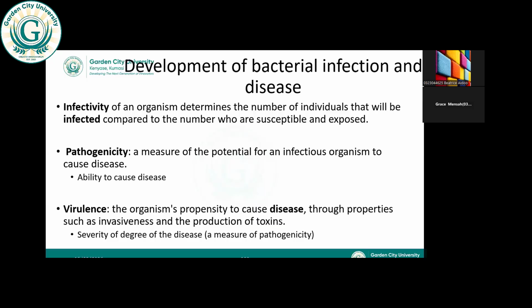Hello. Please, does it mean that if the body isn't able to fight against the infection, that is where pathogenicity is established? So, sometimes, let me start from this. The body may try to fight the infection. The organism may get into the host, but will not develop into an infection.